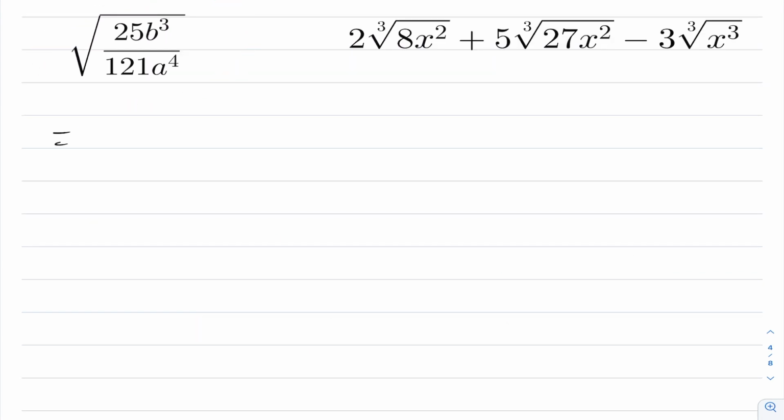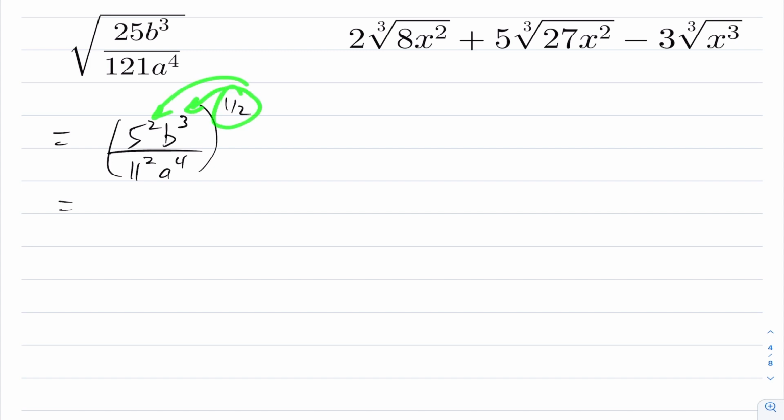So right away with this question here, I'm going to write this as, because this is a square root, we're taking to the exponent of 1/2. I'm going to go ahead and write this as 5 squared, b to the power of 3, and I'm going to rewrite that 121 as 11 squared, a to the power of 4, and I'm raising this entire expression to the power of 1/2. So now when I distribute my exponent into the top and the bottom, don't forget the bottom, we end up getting here, when you distribute to the 5 squared, you just get 5.